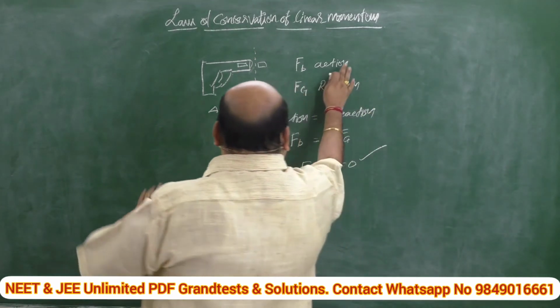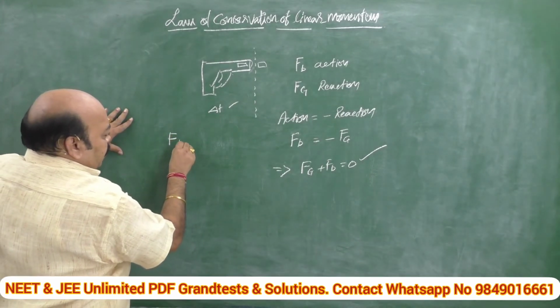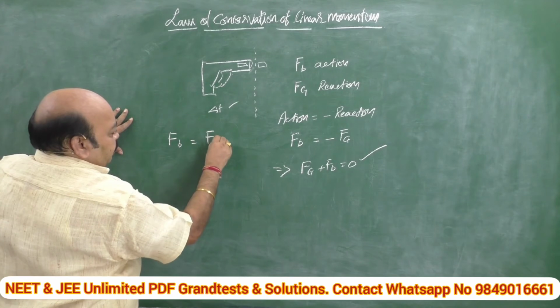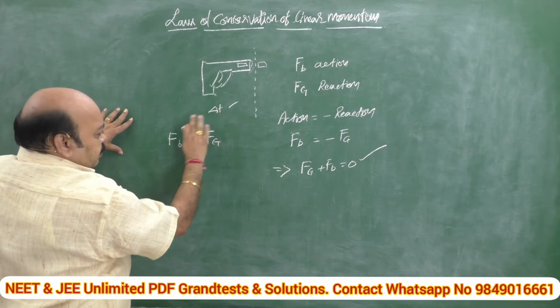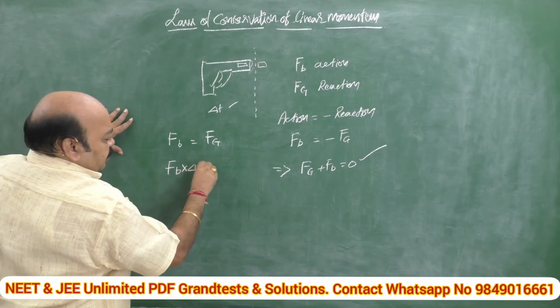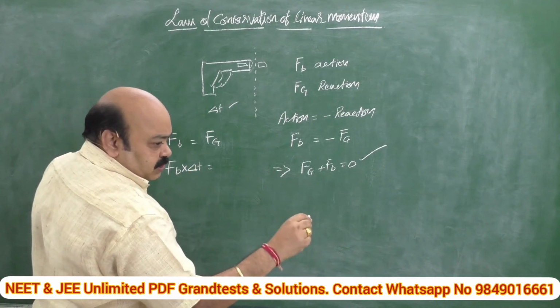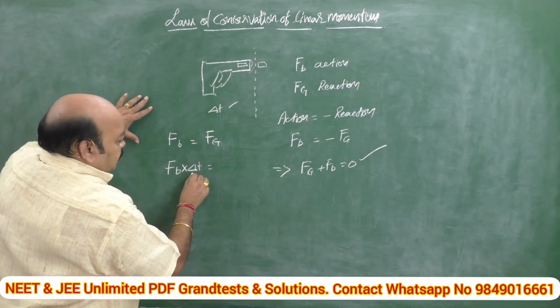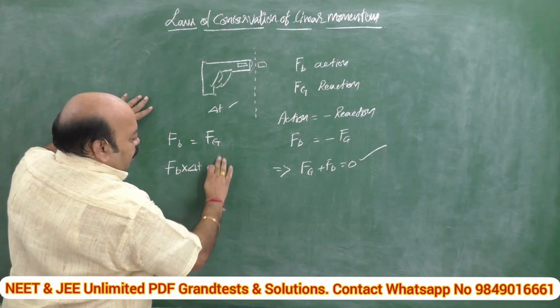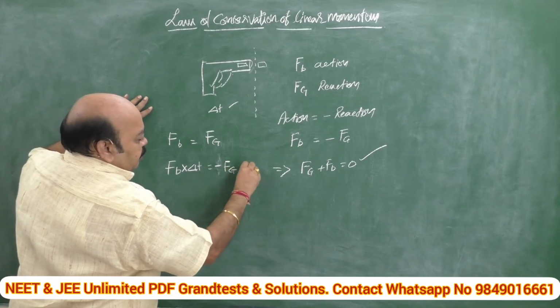That means we can write Fb into delta t is equal to minus Fg into delta t, since time is the same on either. What is delta t? The time of action of force.